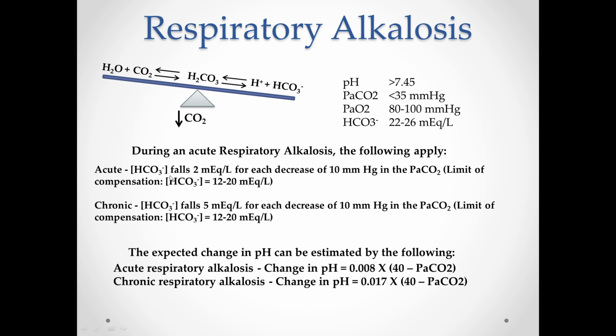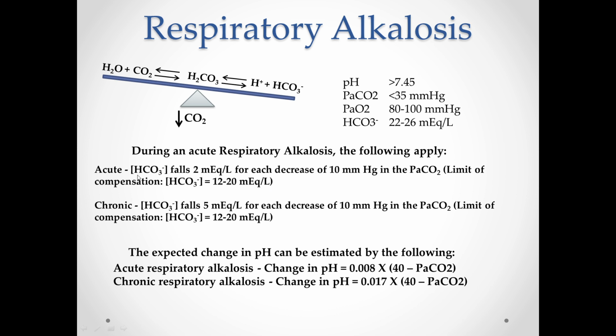And so during an acute situation, bicarb falls by 2 milliequivalents per liter for each decrease in 10 millimeters of mercury in PaCO2. And the limit of compensation would be a bicarb concentration of 12 to 20 milliequivalents per liter.